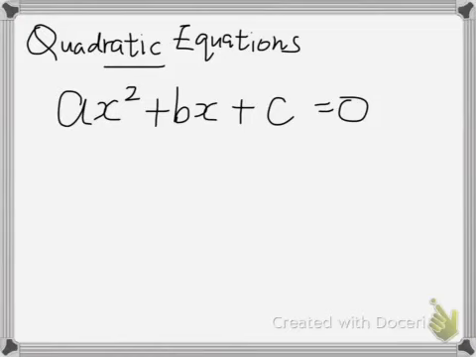Especially a and b, we also call them the coefficients of x squared and x respectively, and c is a constant for this particular equation. Now, what do you call x? x has a name, right?